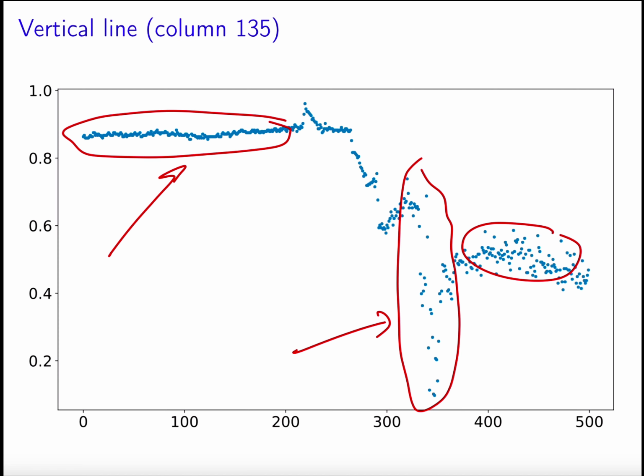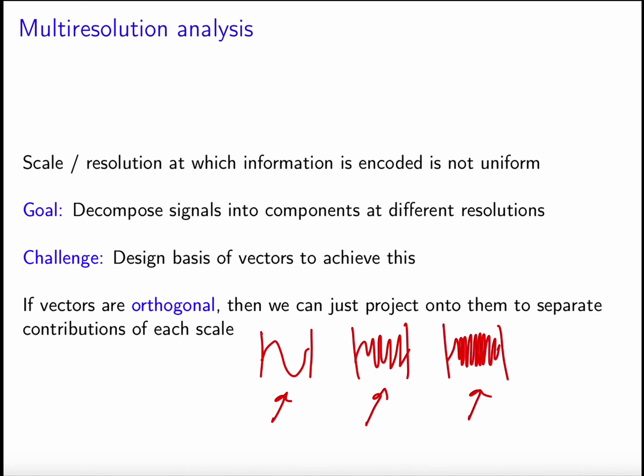This is not going to help us very much if we want to capture information at very different resolutions and scales. Okay, so in fact, you can get wavelets by just taking the short-time Fourier transform and employing segments of different lengths. But today we're going to take a different route to define wavelets, which is simpler.